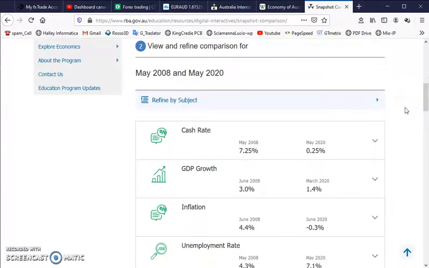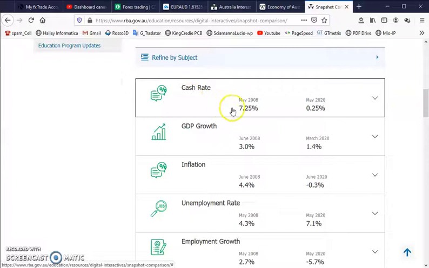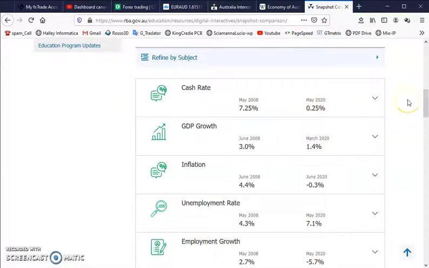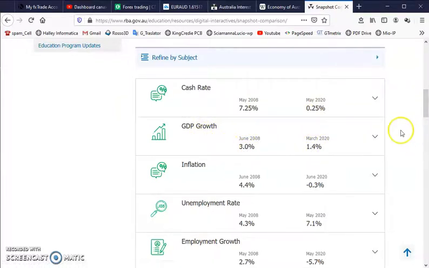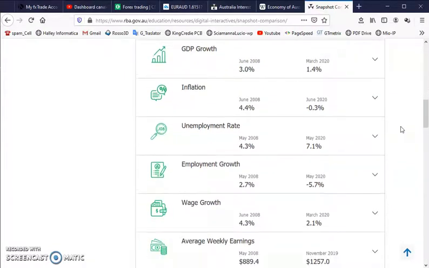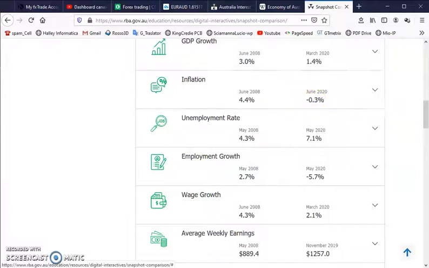We can see that the cash rate was 7.25 in May 2008, and now is 0.25. The GDP growth was 3% and now is 1.4. Sorry. Inflation is negative now.